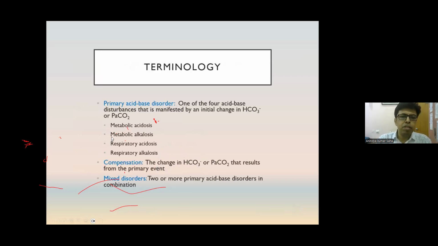There are primary acid-base disorders and mixed acid-base disorders. If the pH change corresponds only with bicarbonate changes, it is a primary metabolic disorder. If the pH change is related to CO2 changes, it is primarily a respiratory disorder. There are also compensations that will be discussed. If both metabolic and respiratory disorders are present together, it is known as a mixed disorder, which will be discussed in detail.